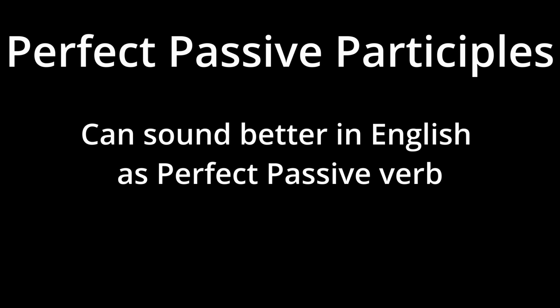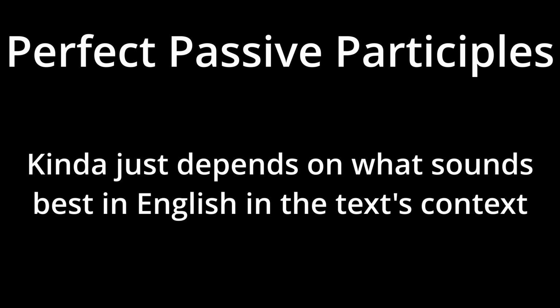Just remember, grammatically, it is not a verb, but a verbal adjective. So it's describing what has happened to something more similarly to an adjective rather than a verb. So the most literal translation would still treat it as an adjective. But in English, sometimes it may just sound better as a perfect passive verb. Again, it just depends on the context and what you think will sound best in English.